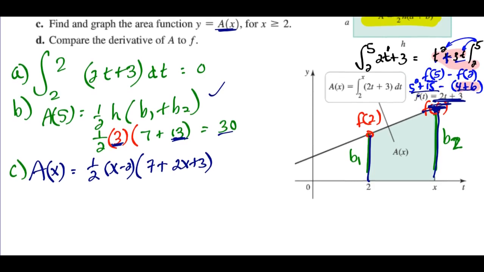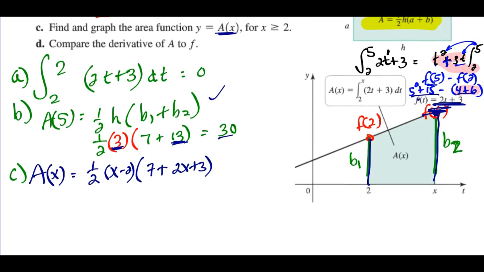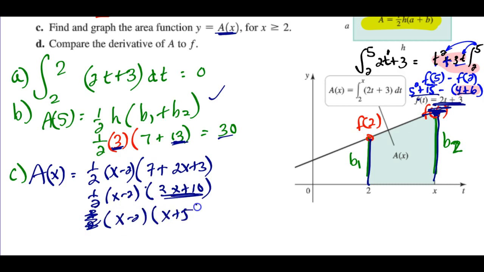So in general, if I didn't know the value of x, I just leave it in terms of x. Well, I'll multiply this out, combining like terms and foiling. I think I'm going to take half of this guy in here. So I'll just get x minus 2 and x plus 5, and I get a function.